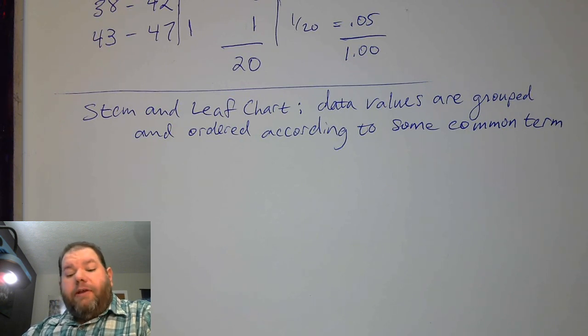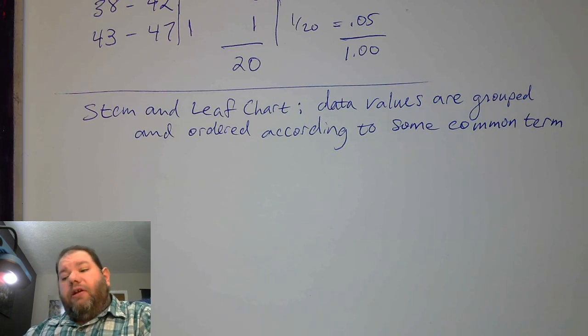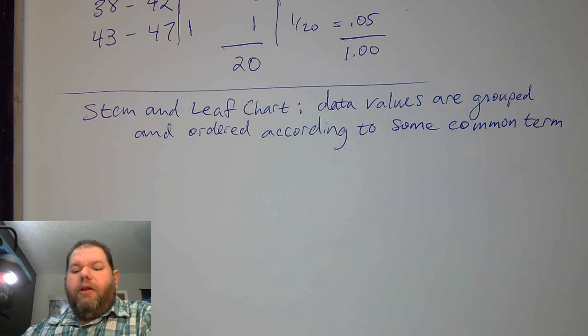Now, what we mean by some common term is that we may see that in our data set, in the case of ages, a lot of the tens digits are repeating. We have a lot of people in their teens, a lot in their 20s, not so many in the 30s, and then not so many in the 40s. But there's some commonality there that we can group them by.